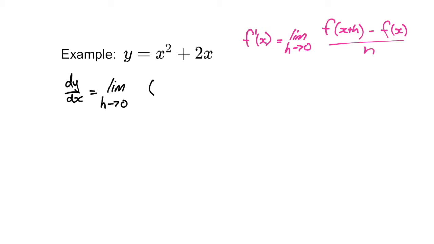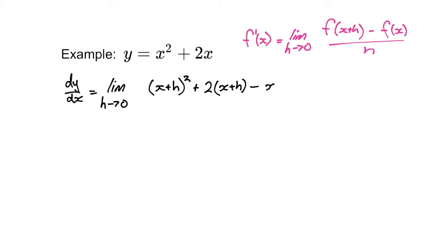So wherever there is an x in this part here, we're going to write it as x plus h. We square that, plus 2, and now we've got an x here, so we write that as x plus h. And now we just minus our function as it was, so just this part here.